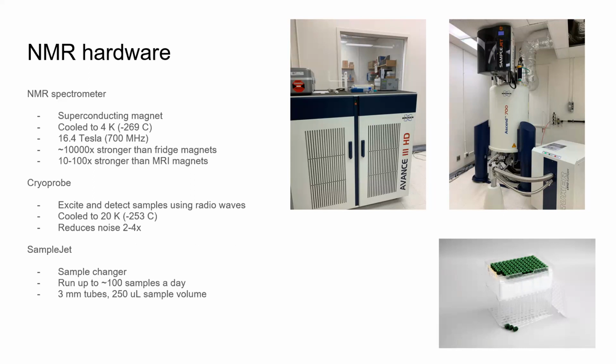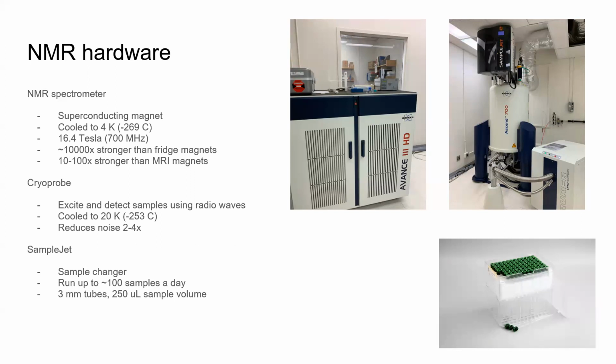This is in the medium to high range of current NMR spectrometers. Some of them go up to 1200 megahertz now. Just to give you an idea of how strong these magnets are, they're 1,000 to 10,000 times stronger than regular fridge magnets. And compared to MRI magnets, which operate on similar principles, these spectrometers are 10 to 100 times stronger.